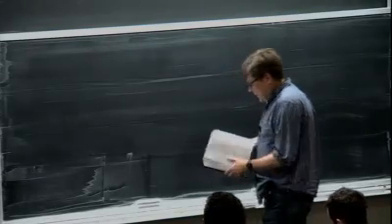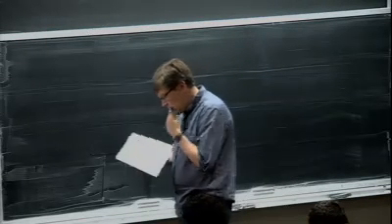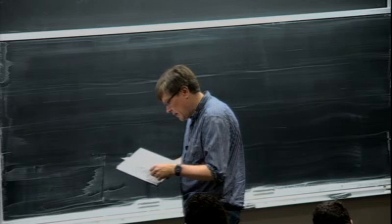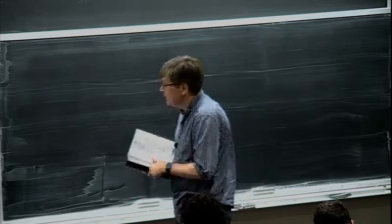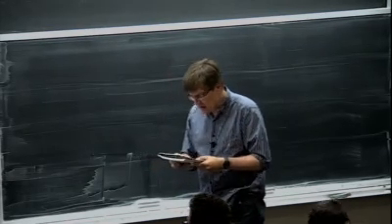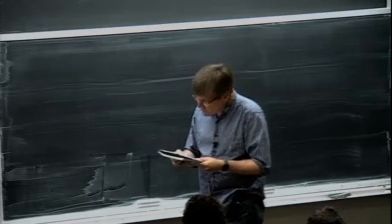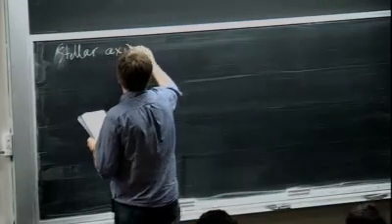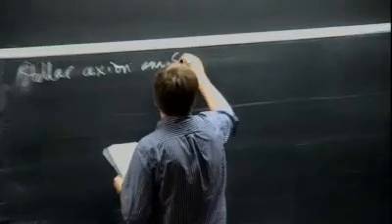All right, so now I just wanted to say that perhaps the most important part of phenomenology, because it's really very difficult to get out of this, is the stellar axion emission, right?